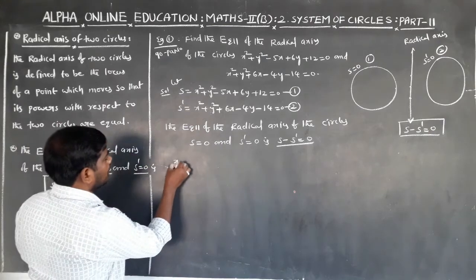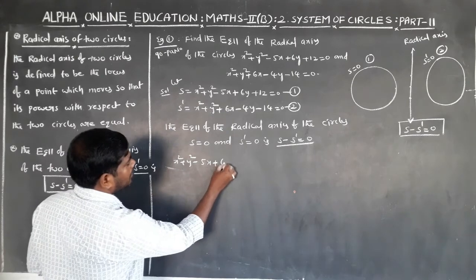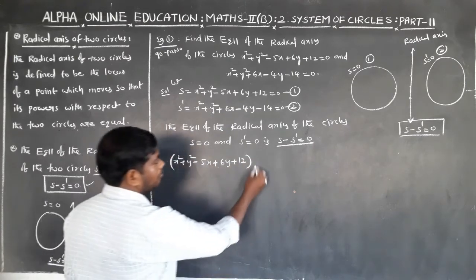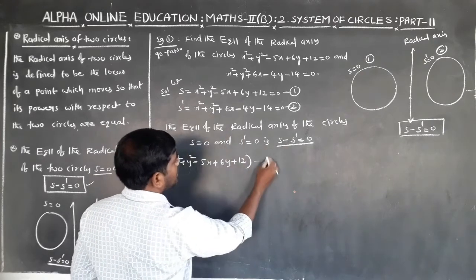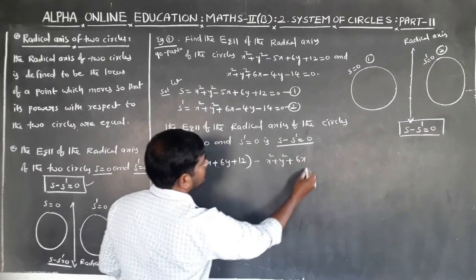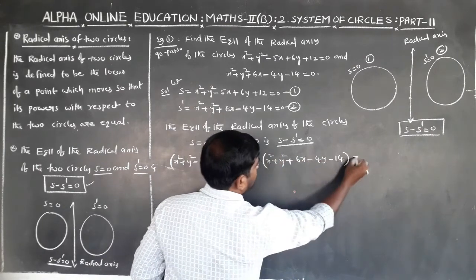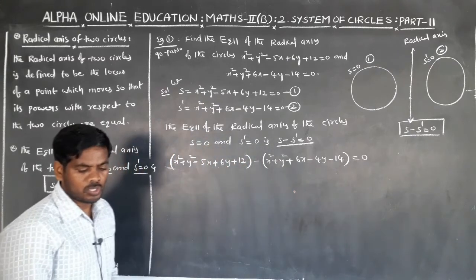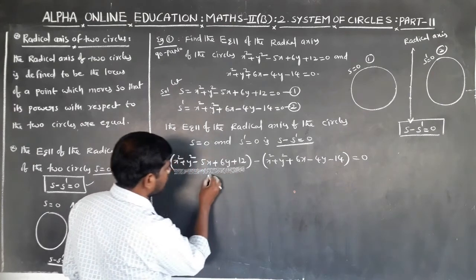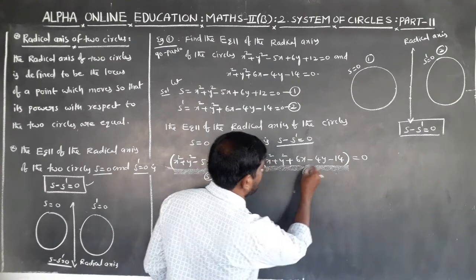S is x square plus y square minus 5x plus 6y plus 12, minus S dash, x square plus y square plus 6x minus 4y minus 14 is equal to 0. This is the S value. This is the S dash value.